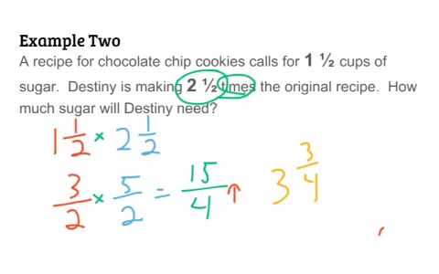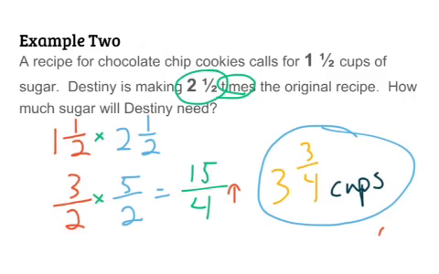So it's 3 3/4 cups of sugar that she is going to need to make 2.5 times that original recipe. Okay, so that's a look at multiplying fractions when you're actually using mixed numbers that you convert to improper fractions.